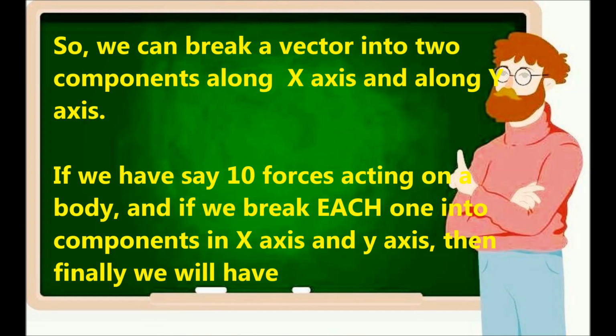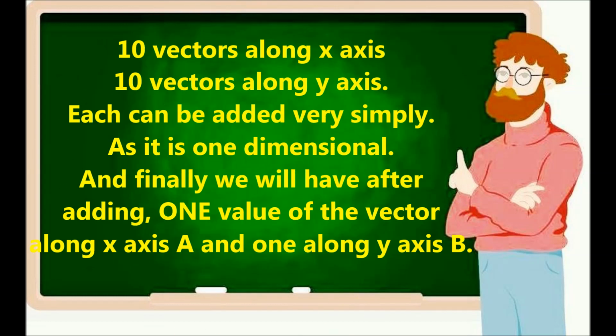So like this we can derive it in a more formal way. So it's a fact we can break a vector into two components along the x-axis and along the y-axis. If we have, say, 10 forces acting on a body, I'm now going to tell you why this concept is so powerful. If you have 10 forces acting on a body at different angles, and if you break each one into components in the x-axis and y-axis, then finally we will have what? 10 vectors along the x-axis, 10 vectors along the y-axis.